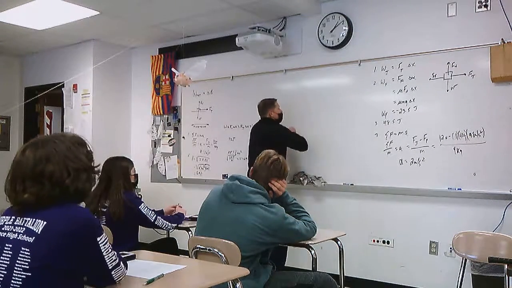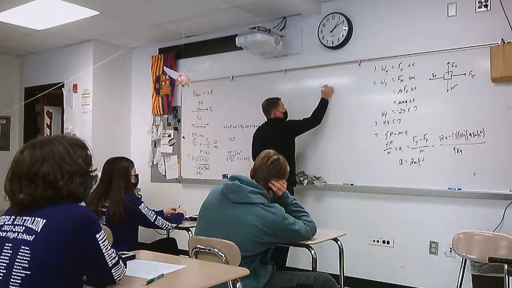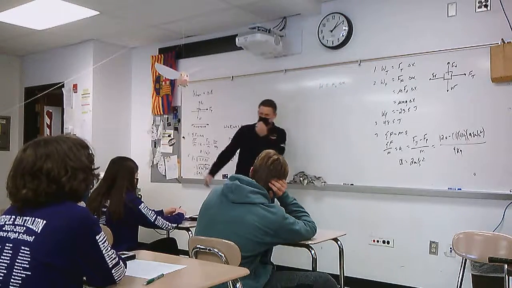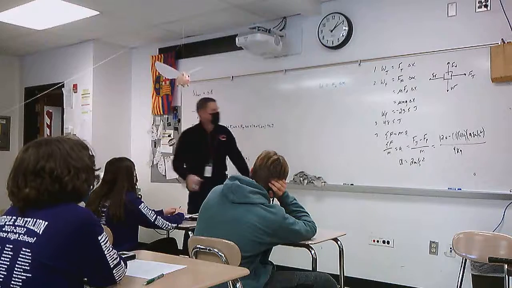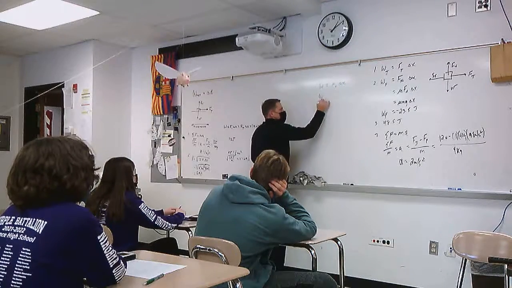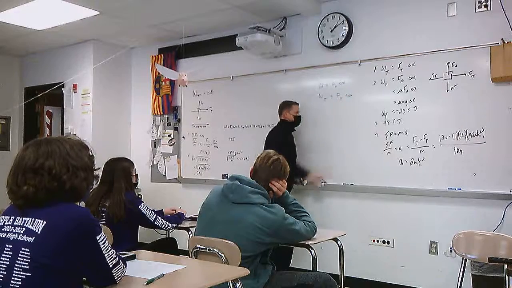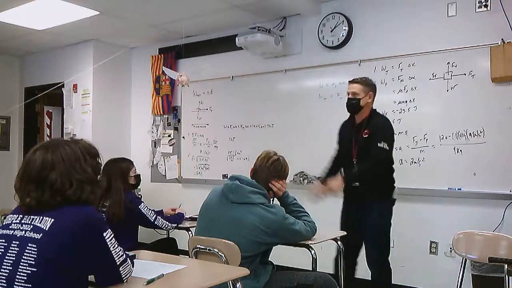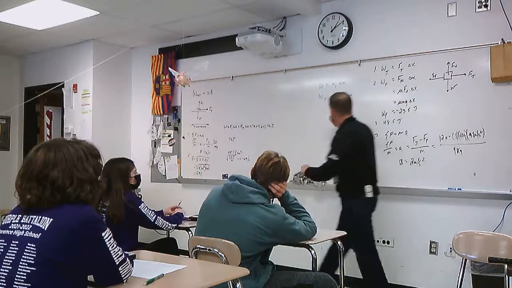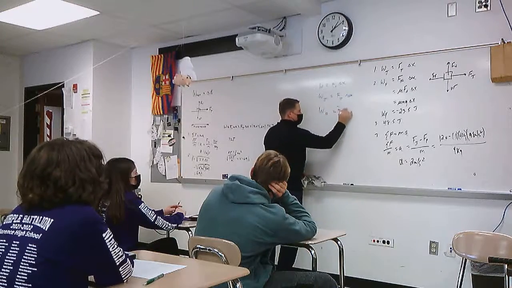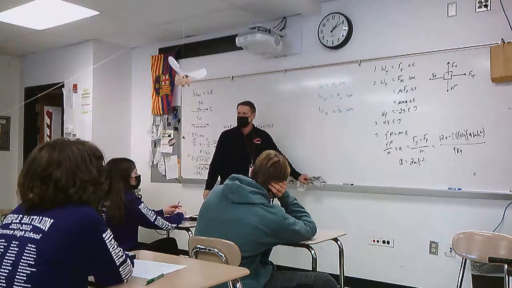Look at it: if work is the product of F parallel times delta x, then the work that Justin does is equal to Justin's force times delta x, as long as Justin's force is in the same plane as motion. And the work that friction does is equal to the friction force times delta x.